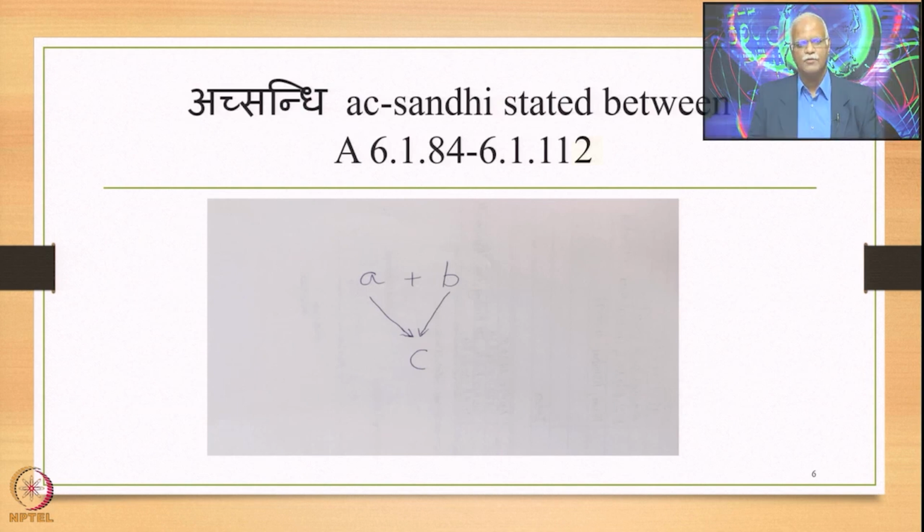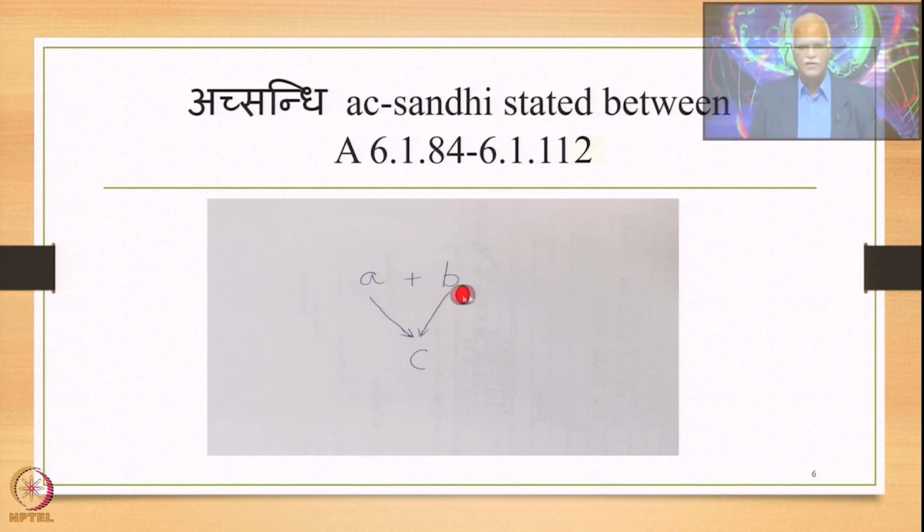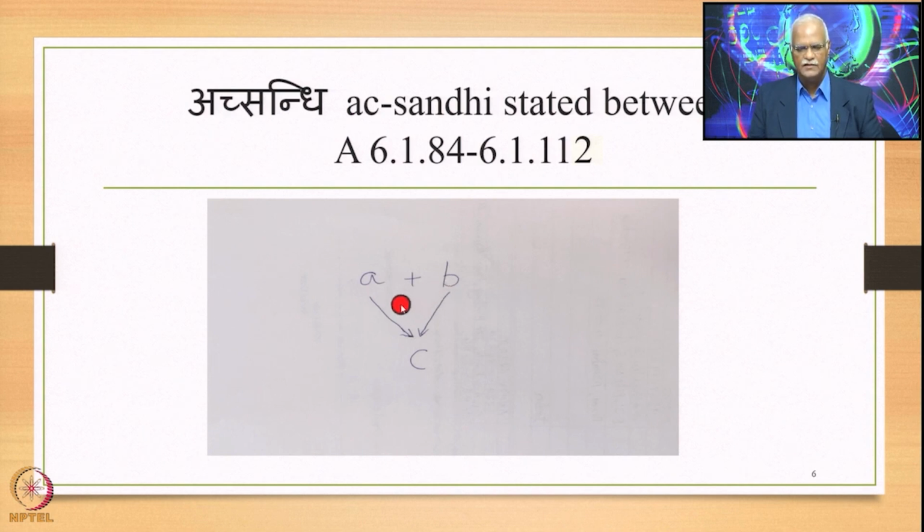To show this in the form of an equation, we can say that if you have A followed by B immediately and they are in close proximity, they are in the Samhita mode, where A is immediately before B and B is immediately after A. Eventually it is A plus B, and then in place of both A and B you have one substitute C. A and B are the substituents, C is the substitute.